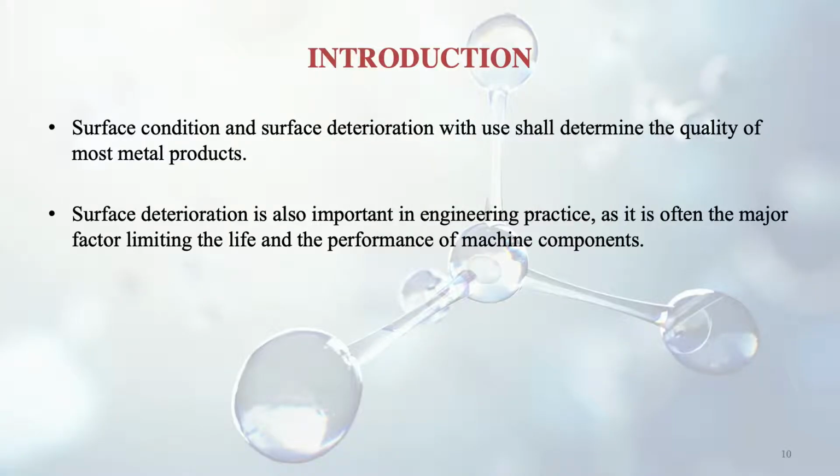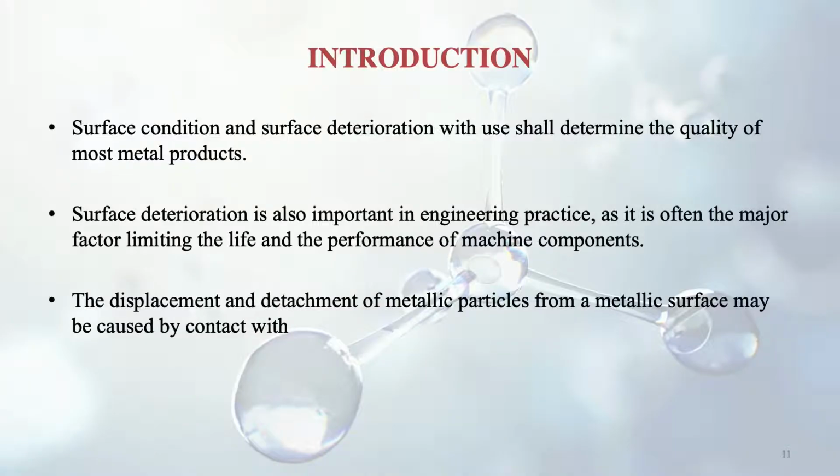Surface deterioration is also important in engineering practice, as it is often the major factor limiting the life and performance of machine components. If you recall, in the fatigue section we read that a fatigue crack happens mainly because of surface cracks. So the surface is that important.